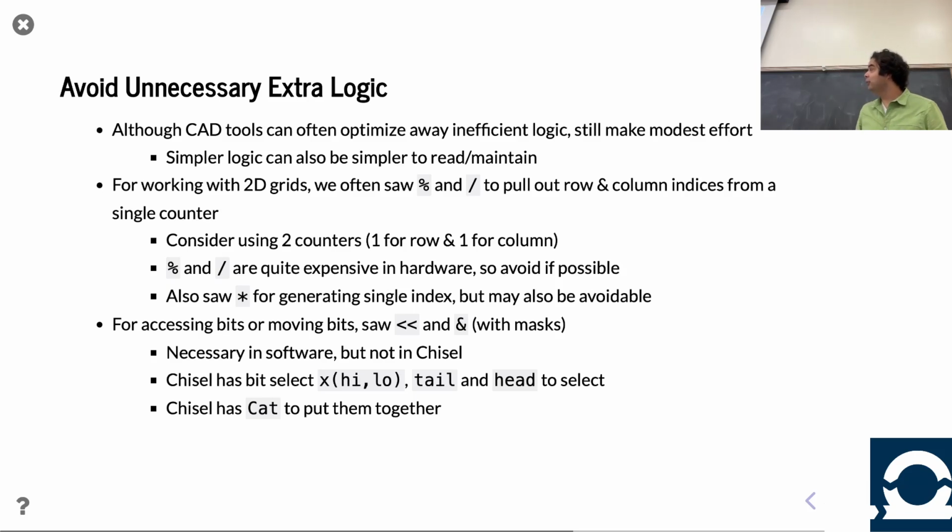So, having really inefficient code that you're trusting the compiler to optimize, well, hopefully it's better or easier to read. If it's harder to read, that's not helping anybody. Other times, when you use certain operators, the CAD tools can't necessarily optimize them. So, for example, in Game of Life, a common thing I see some years is people use the mod operation or division operation to get row and column indices from a single number.